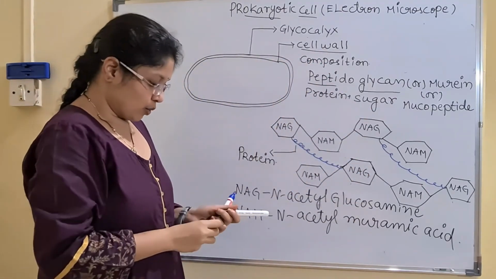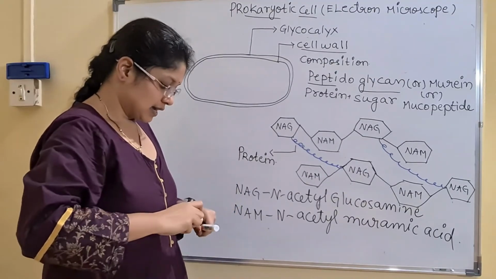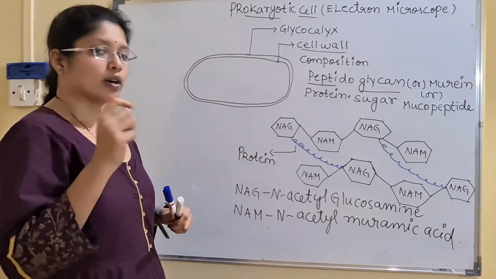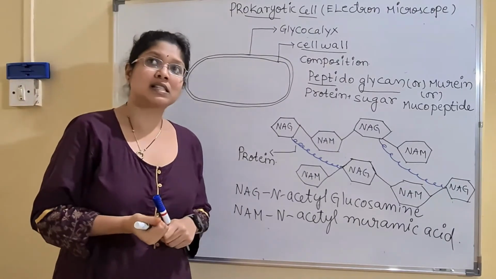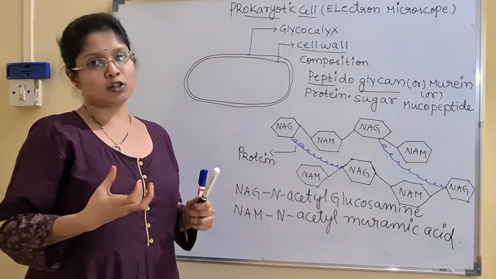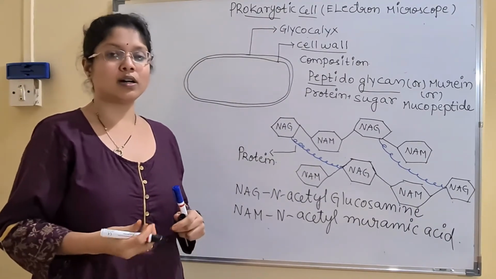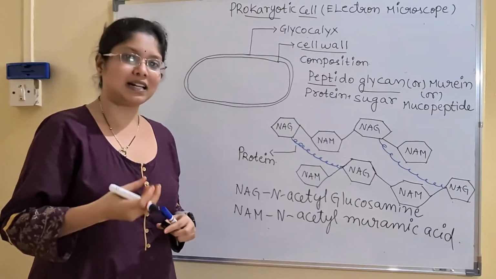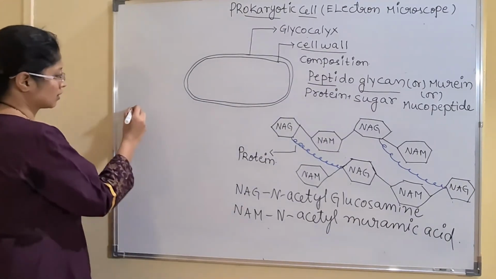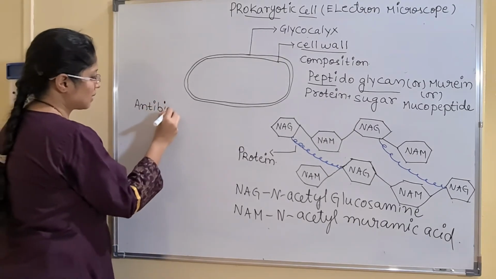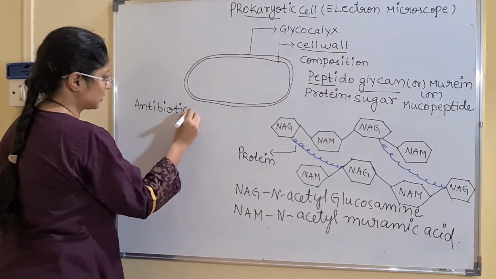Now, why are we discussing this? I will tell you. Mainly, in order to kill the bacteria, or to control the impact of pathogenicity, we use certain chemicals or medicines called antibiotics. We all use antibiotics in our daily life. What are these antibiotics, children?